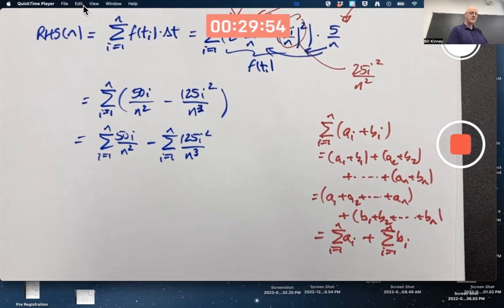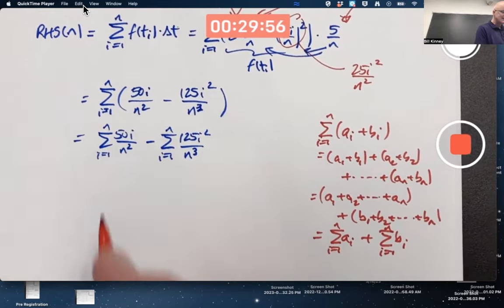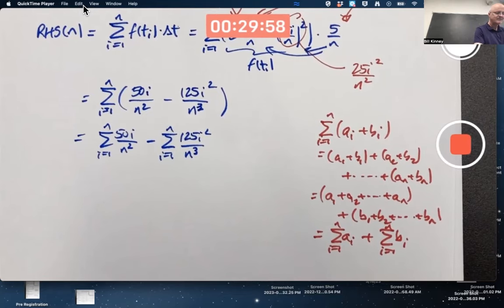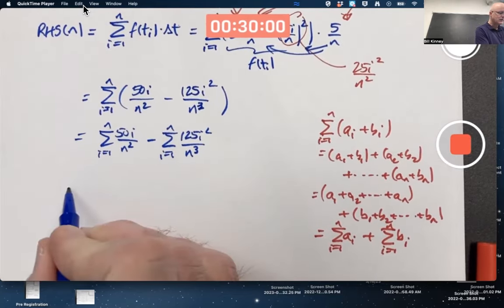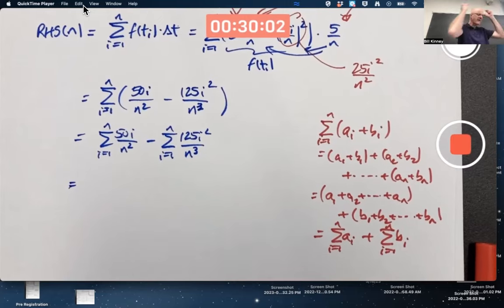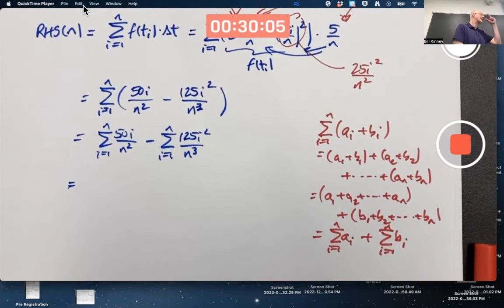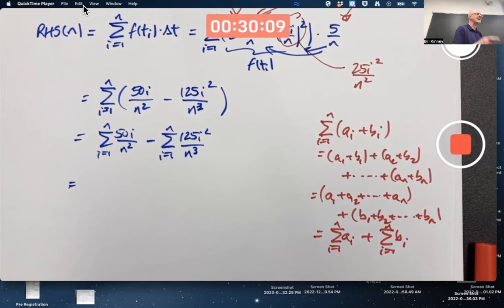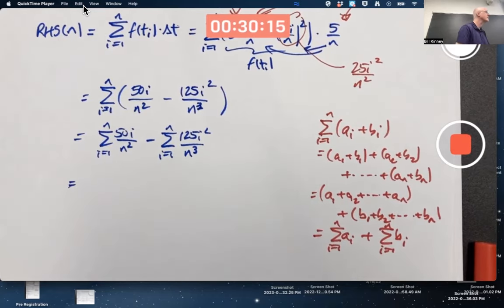All right, does that help? Well, continue taking it step by step. When you look at these summations, what's the variable? Well, it looks like I've got 2 variables, i and n. But with respect to the summation, n is fixed. i is the variable. So, i is the thing that's varying from 1 to n.